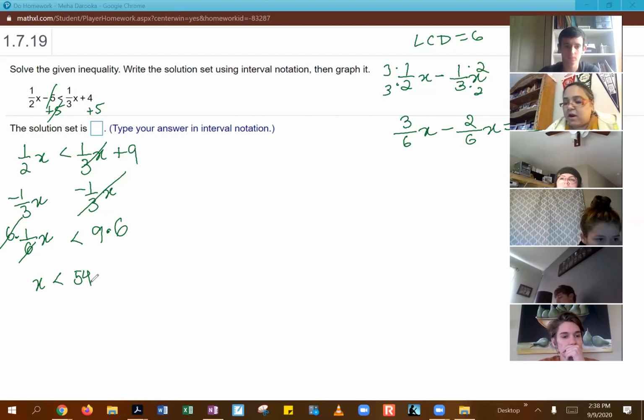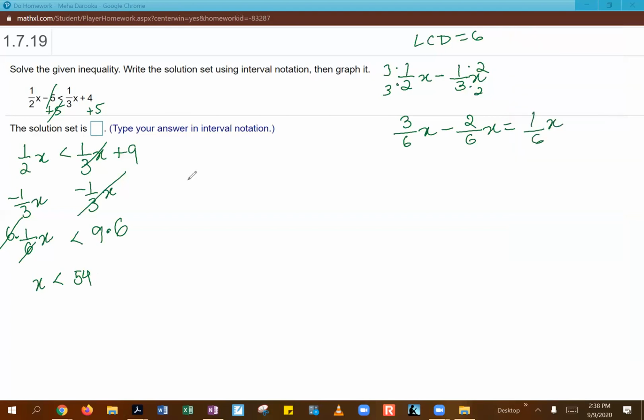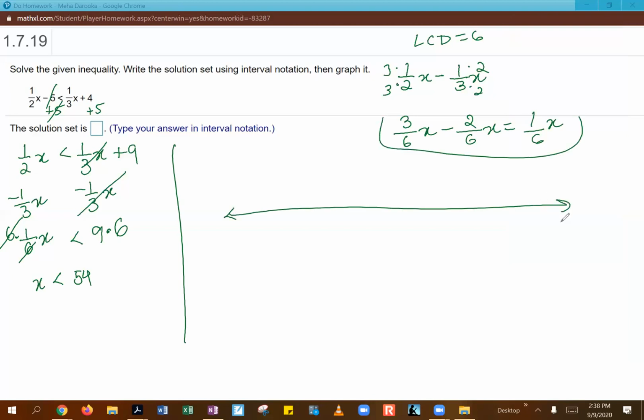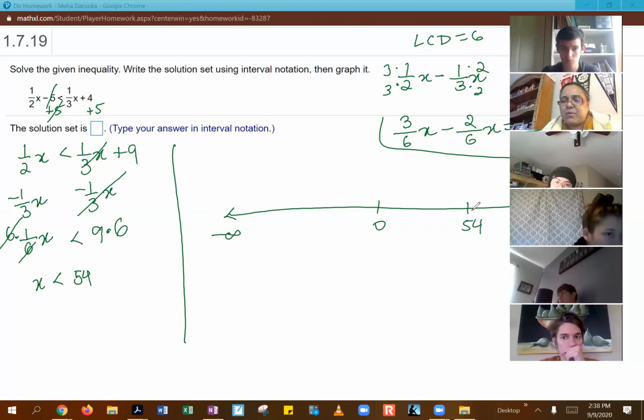So now they are going to ask us to write this in interval notation. So how are you going to write this in interval notation? We can take a look at our graph here again. We're talking about 54, and that's less than 54. So if it's less than 54, do I use parentheses or bracket?